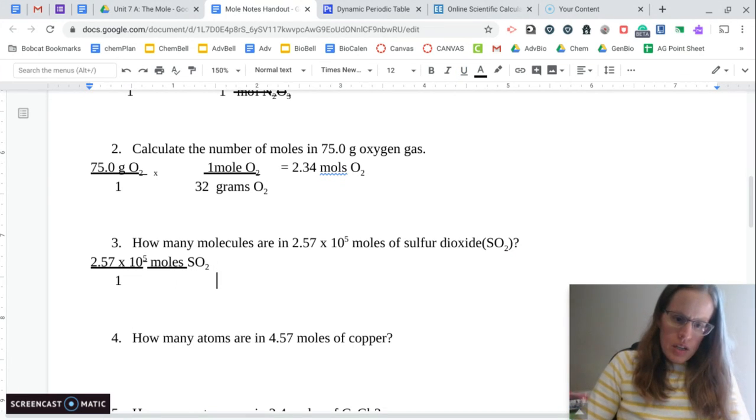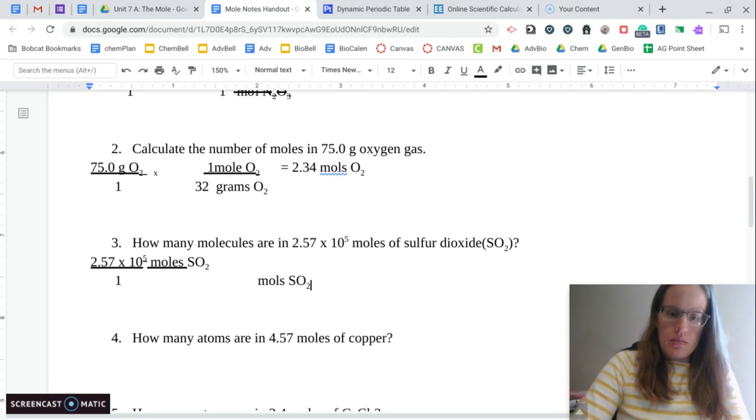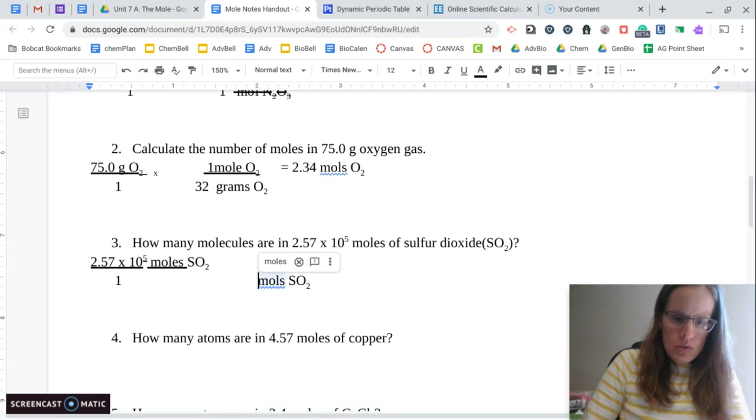For my second fraction, I know I have to have moles of that SO2 in the bottom. And for now, you know that moles is always 1. So I will just go ahead and stick a 1 in front of there. There we go. And I'm trying to get to molecules. So this time, on the last two, we looked at the periodic table and we looked for grams.